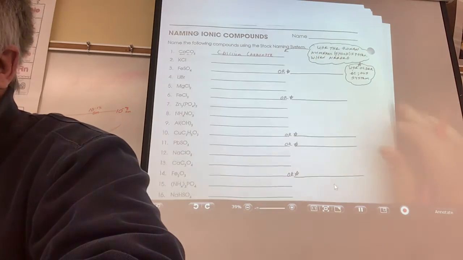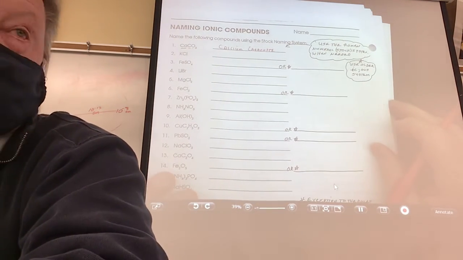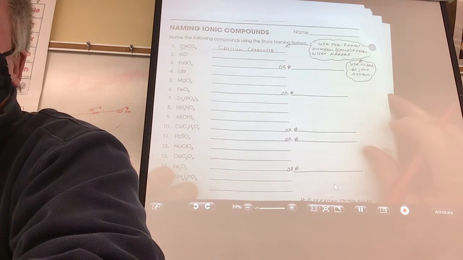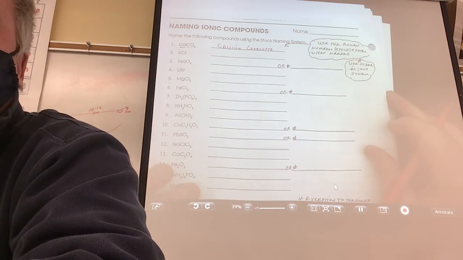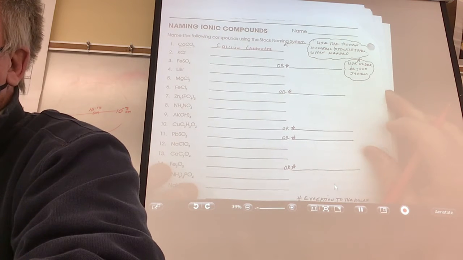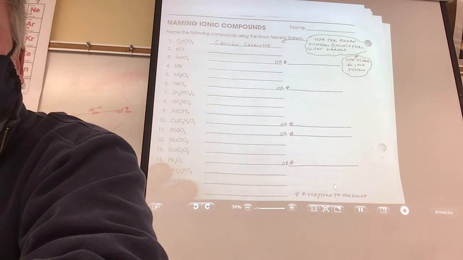Now tell everybody why you need a space. Because you gotta put the Roman numeral. Why? Does every compound have a Roman numeral? No. Now, how do you know? Because it's polyatomic. Huh? Polyatomic. No, I never taught that. I never taught that polyatomic ions take Roman numerals. Matter of fact, I always said the Roman numeral.